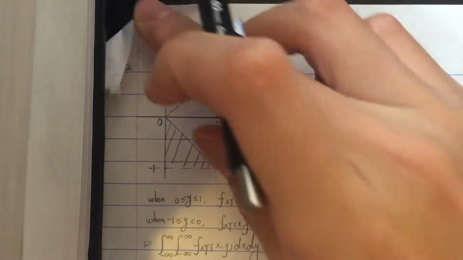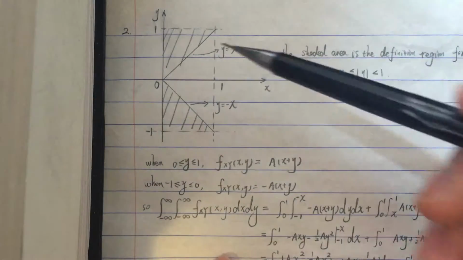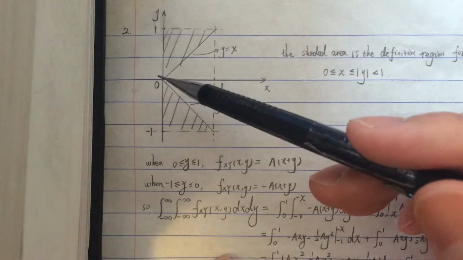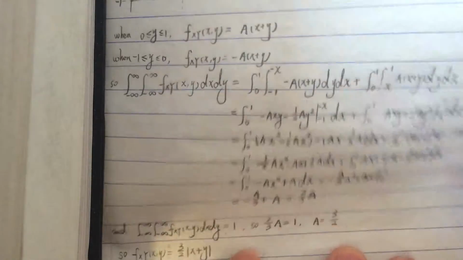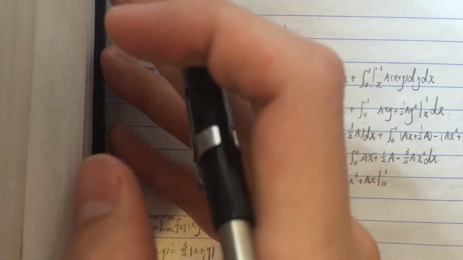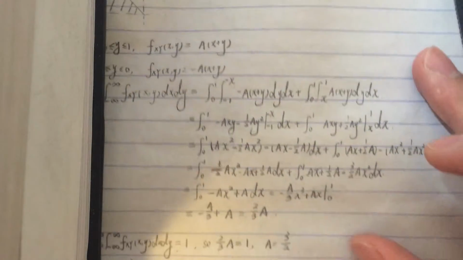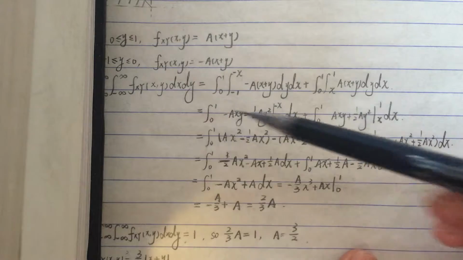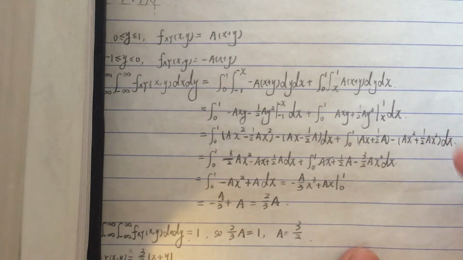And for this region, it will be x to 1 and 0 to 1, just as this has shown.